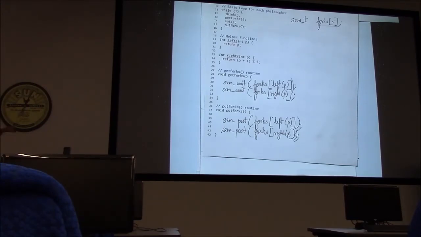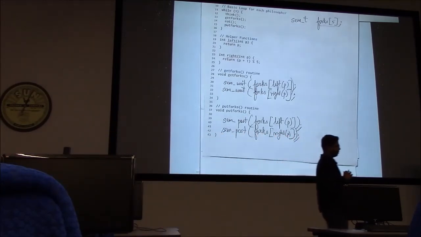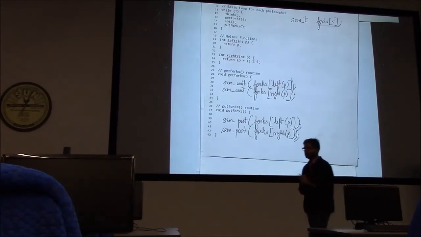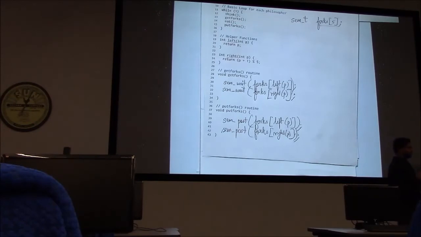Can we modify get forks slightly in some way so that we avoid this particular problem? Could we put a signal around left and right, so the signal indicates that one philosopher is picking up forks at that point in time? Or a condition variable.